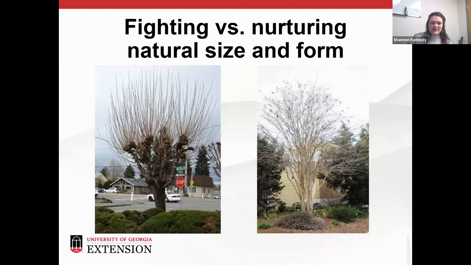The classic example, I can't believe I didn't mention this. The classic example of what not to do is called crepe murder. I'm sure some of you have heard of that before. It's really common. You'll watch people go out with their equipment and just completely hack crepe myrtles off at 6 feet from the ground or something.